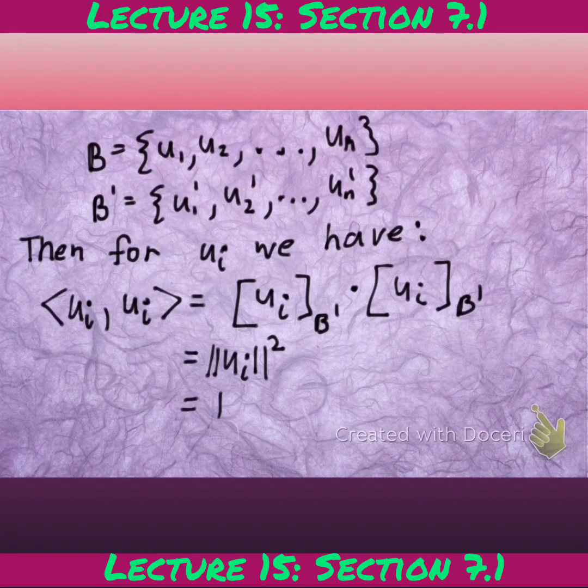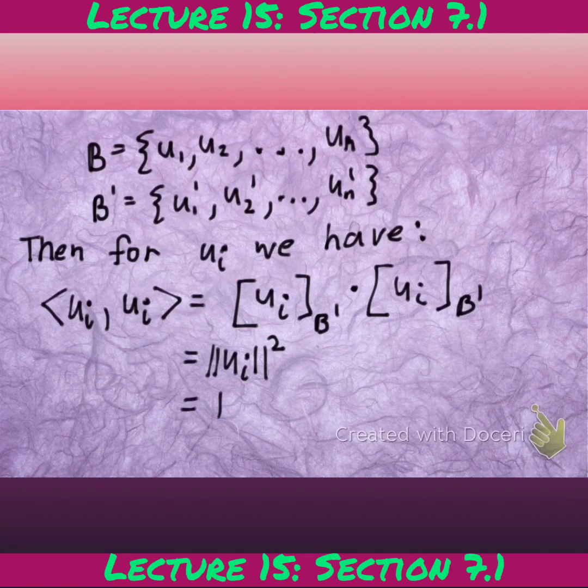Now if we look at any vector in B, call it Ui, and we look at the inner product of Ui with itself, then by the previous theorem it is the dot product between the two column vectors. This is the coordinate vector of Ui with respect to the basis B prime.